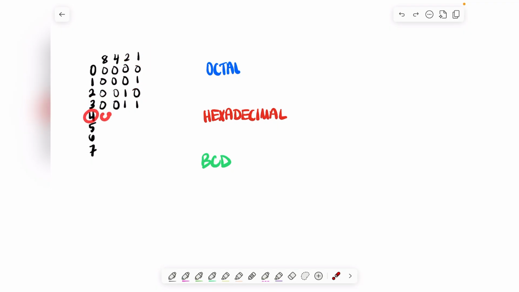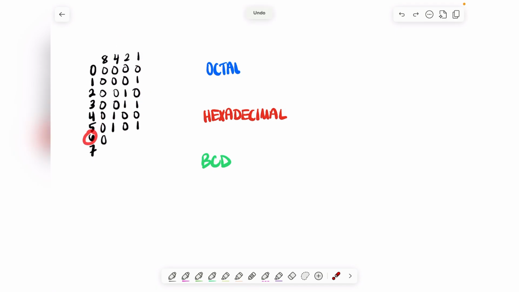To make 4, I'll need 0 8s, because if I did 1 8, then I wouldn't have 4, I would have 8. And then I would do 1 4. And because I already have 1 4, I got the number I wanted, I don't need any of these. So 0 2s and 0 1s. To make 5, I'll need 0 8s, 1 4, 0 2s, and 1 1, because 4 plus 1 is 5, which is the number I want to represent.